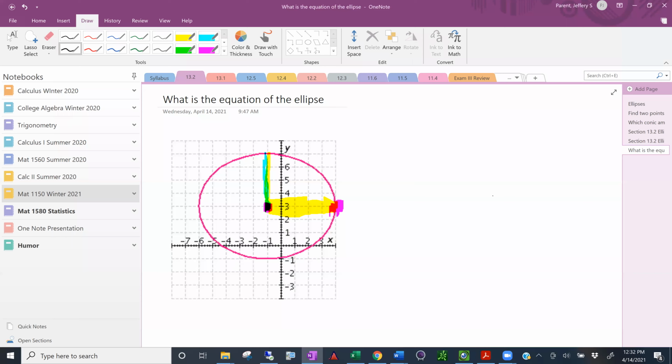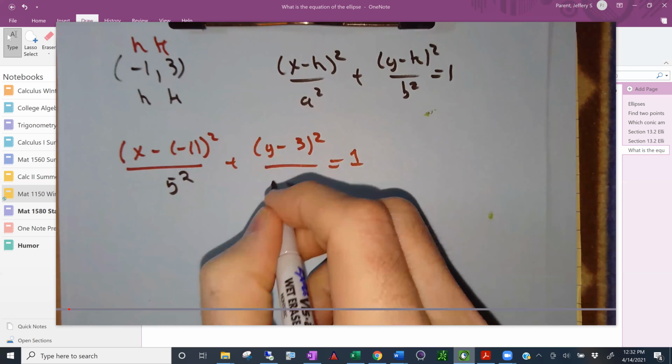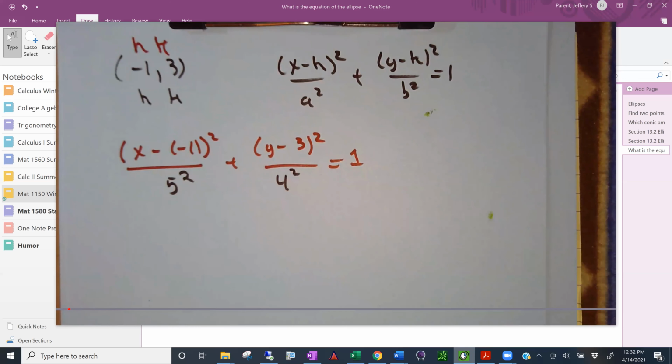Let's do the same game in the y direction. This time from the center, you got to move a distance up 4 to get to one of the vertices, or down 4. Either way works. But that distance again is 4. So like this. Now, if this was a test, I'd be very, very fine with that.